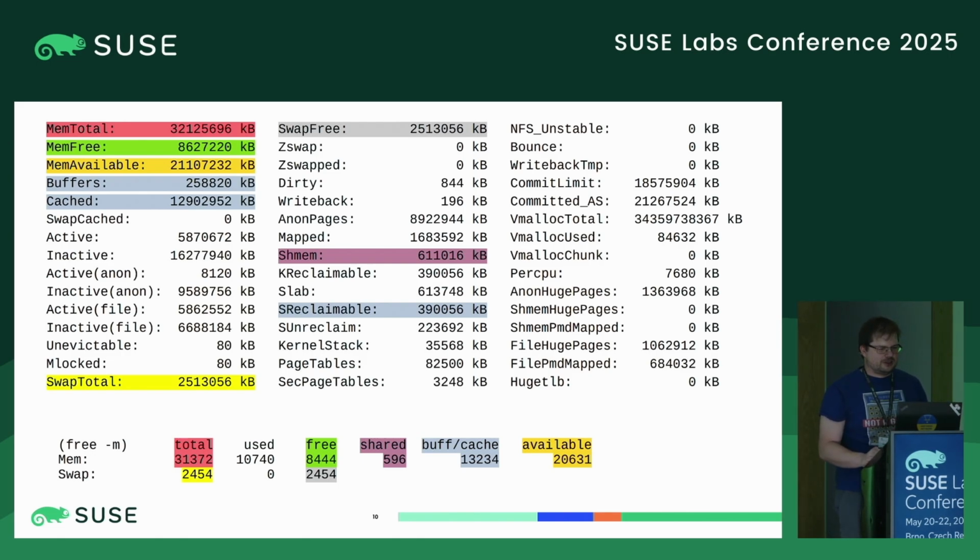They correspond exactly to some of the counters in /proc/meminfo, and used is calculated from the total minus available, as I said, and doesn't have a direct equivalent in /proc/meminfo.